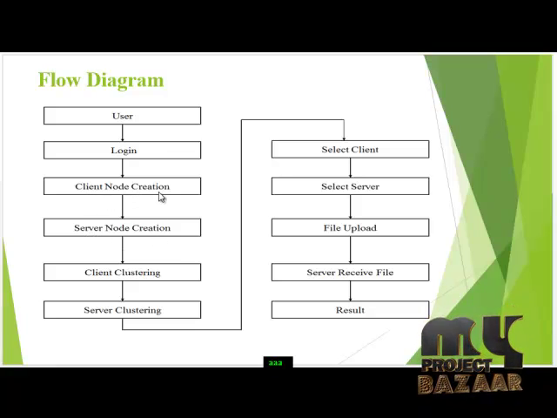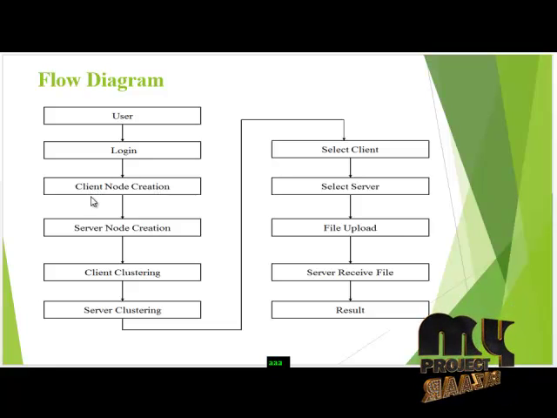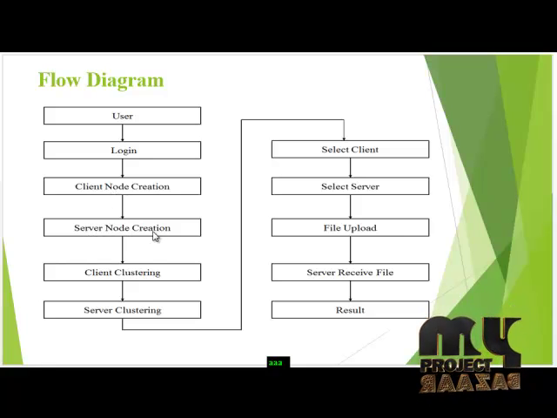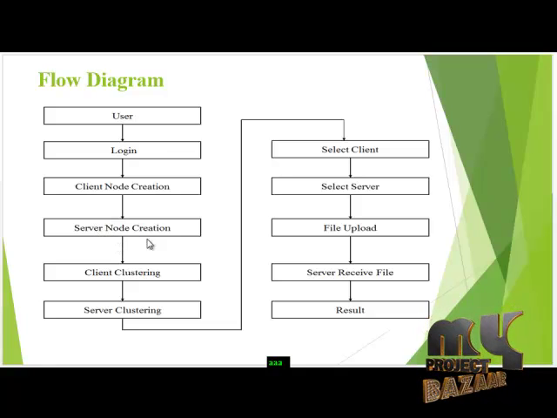Client node creation is nothing but a process where nodes are created for clients. Here the number of clients is created. Next we go to server node creation. Here also the number of servers is created. Next we go to client clustering.